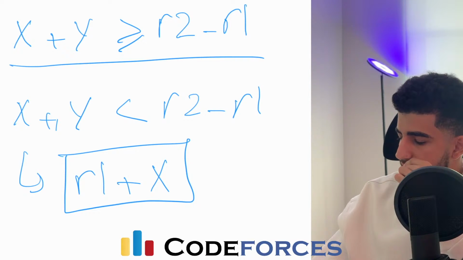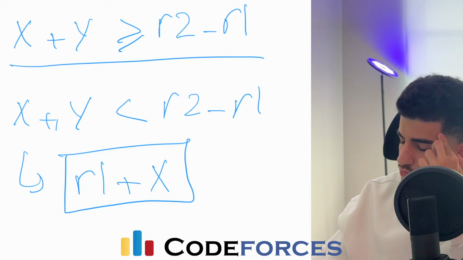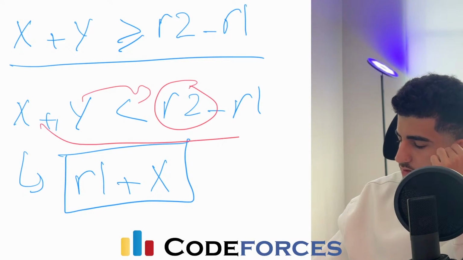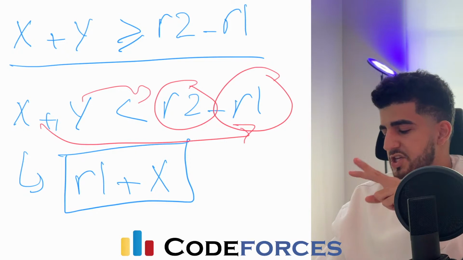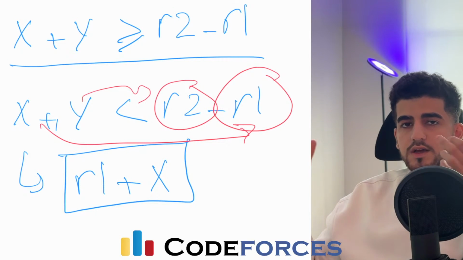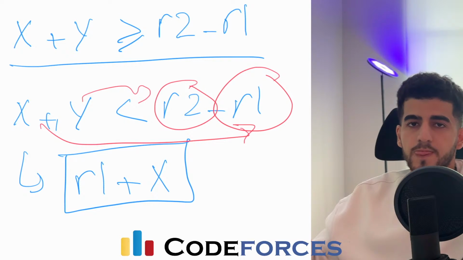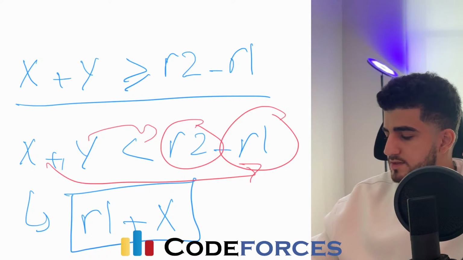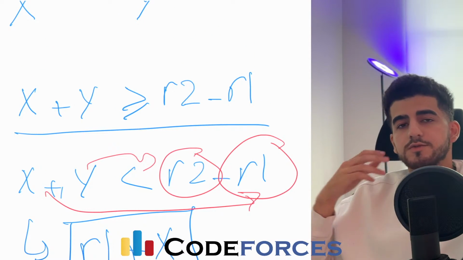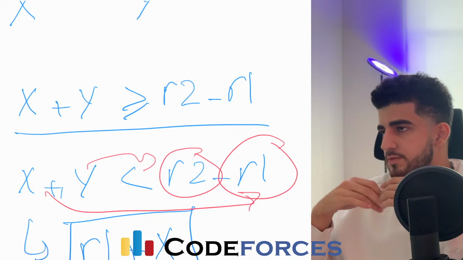We can do these decreasing operations all from r2, and these increasing operations all to r1. So if their difference was greater than x plus y, you can just say that the answer is r1 plus x. If x plus y was greater than or equal to r2 minus r1, you should make them almost equal.